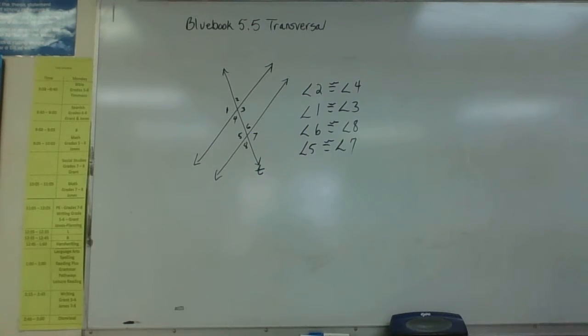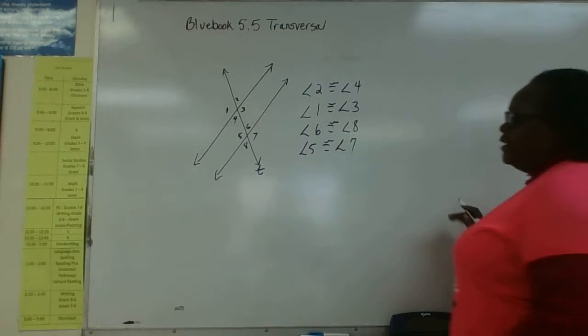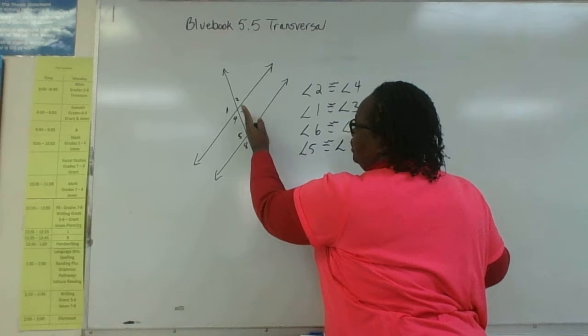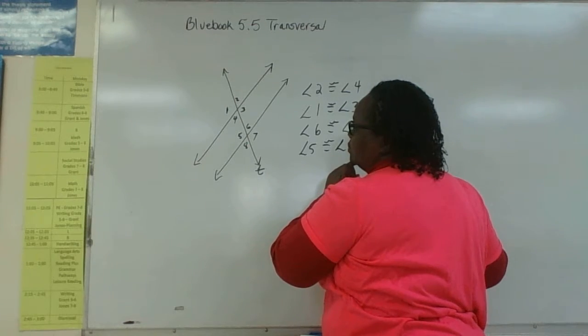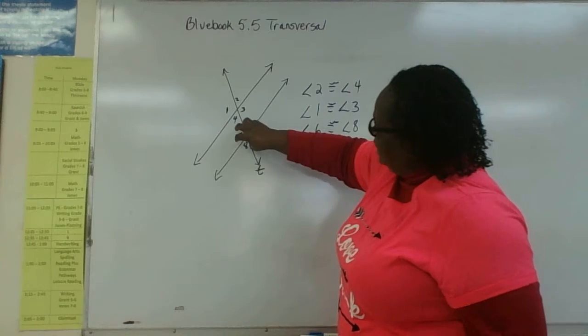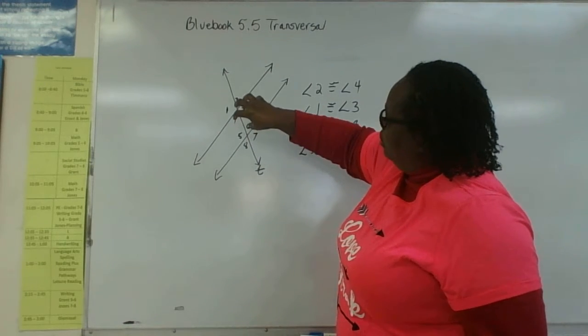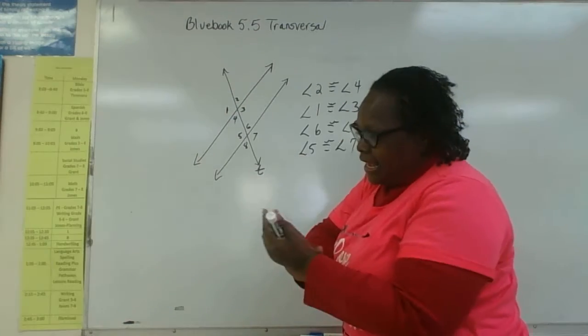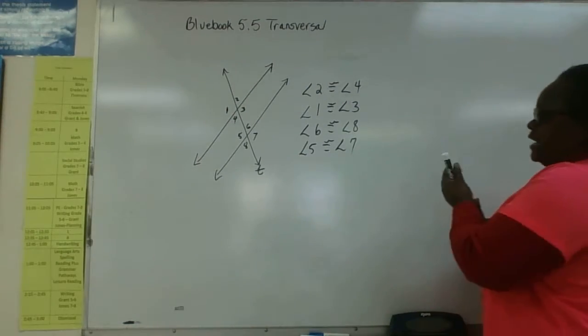Now, once we have established the vertical angles, let's take a look again. We said that a transversal hits the parallel lines at exactly the same angle. If that be the case, then we should be able to take this, superimpose it, and lay it right on top of here, and it will be the same measurement, the same angles.